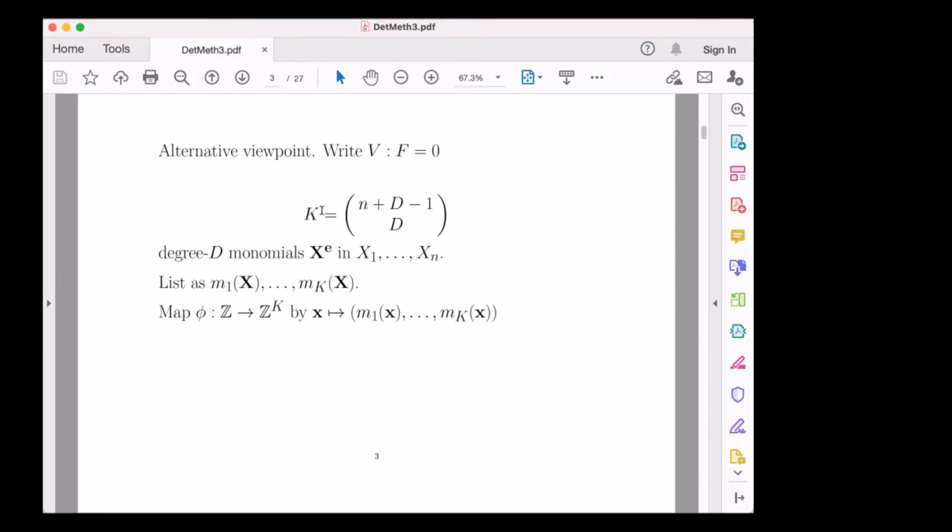There will be this binomial coefficient K monomials in total. And we'll list these as m_1(x) up to m_K(x). And then we have this Kth power map that goes from Z^n to Z^K. It takes x to the string of all the possible monomials.